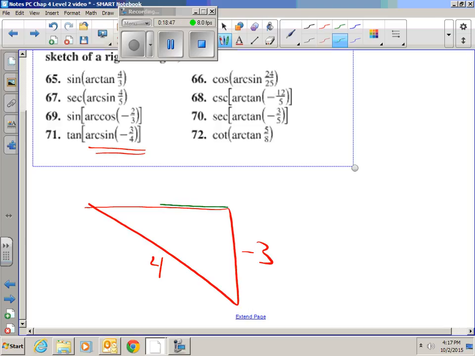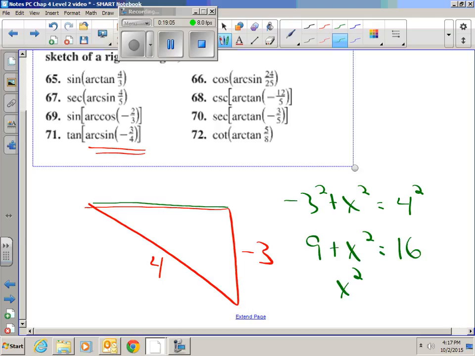So my adjacent side right here is going to be 16 minus 9. Does everyone see where I'm getting that from? Because -3 squared plus x squared is equal to 4 squared. So 9 plus x squared is equal to 16. X squared is equal to 7. So x is equal to positive √7.